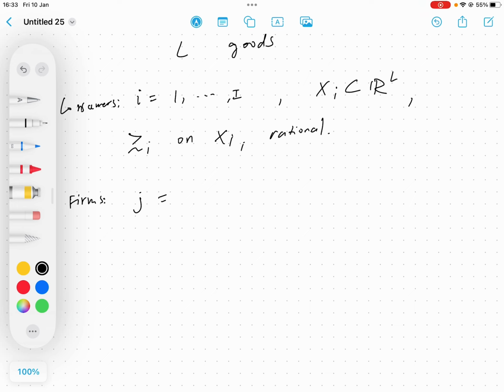For each firm j, from 1 up to capital J, it is characterized by some technology, or production set Yj, as we mentioned before. So taking some input to get some output, right? Here we also have some basic assumptions that this is non-empty and closed. Okay, good.